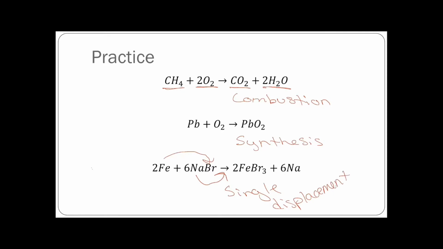And how we knew that was the fact that we had one element all by itself with a compound on the reactant side, and the fact that iron wasn't the element that came out by itself on the product side as well.